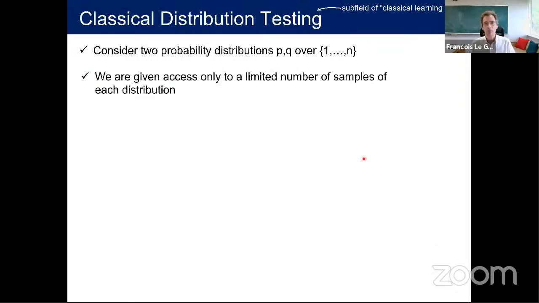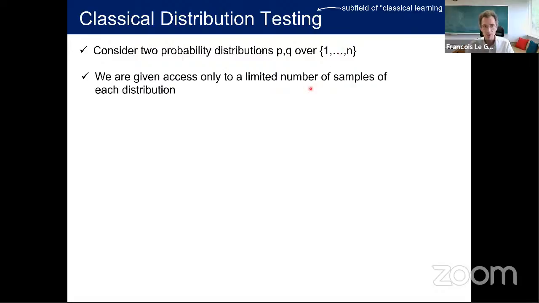Okay, so I will first explain the notion of classical distribution testing. Classical distribution testing can be seen as a special case of classical learning theory, which has been very popular in the past 20 years. We consider two discrete probability distributions, P and Q, over the universe 1 to n, so n elements.